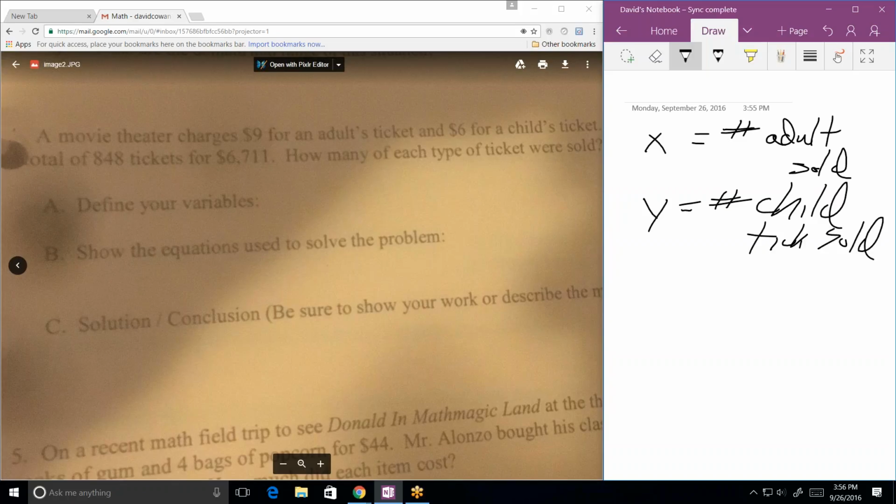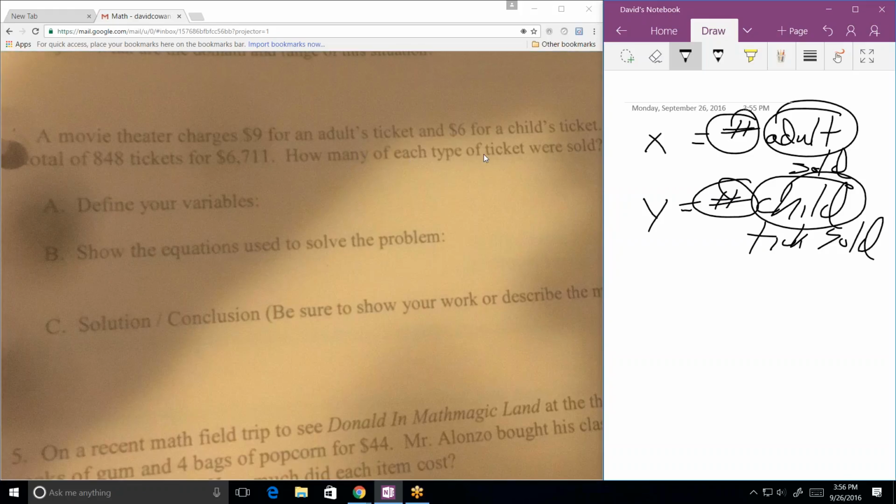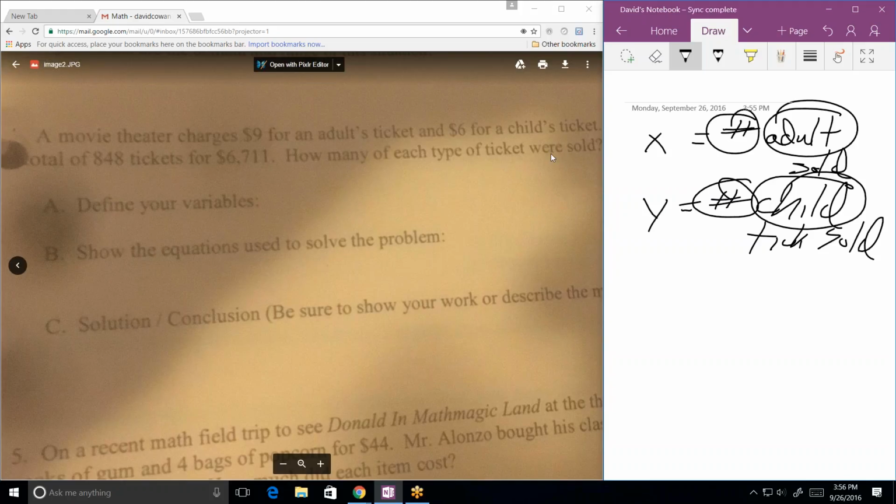Now at some point you don't need to write all those words out, but the key words are there, because we have to distinguish between the price and the number. And notice that the final sentence says how many of each type of ticket were sold. So we're talking about the number of adult tickets sold.